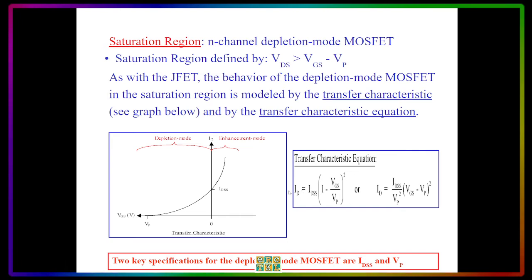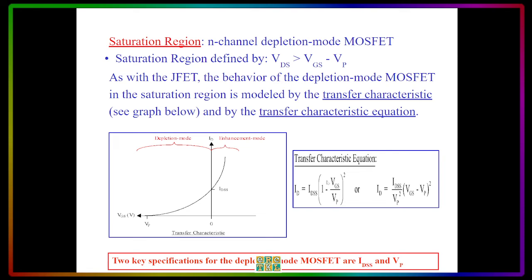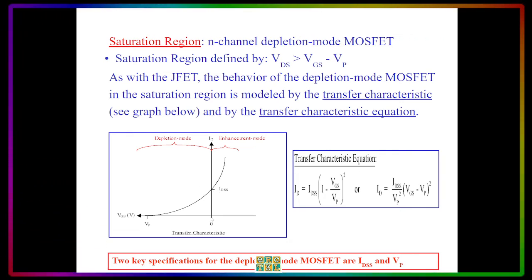So these are the two key specifications for the depletion mode MOSFETs: the IDSS here, where VGS is equal to 0, and the VP here, where the ID is equal to 0.